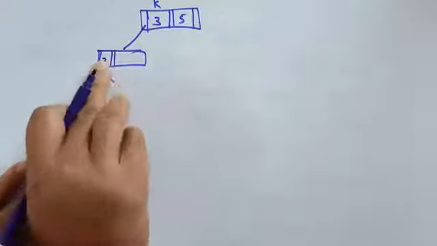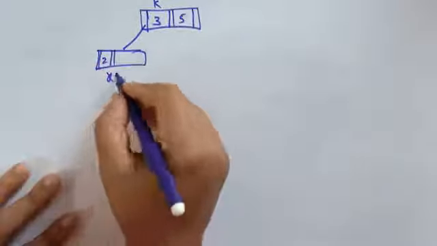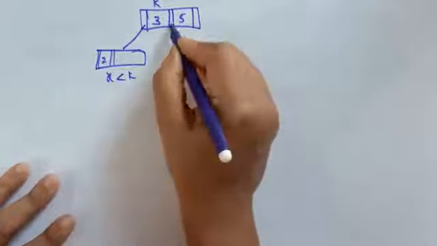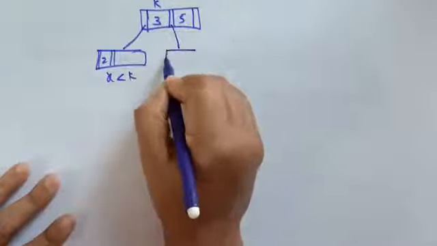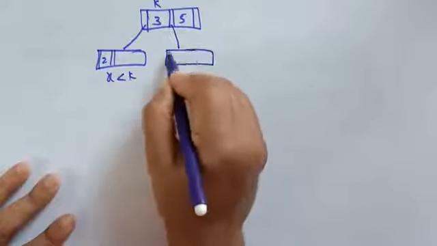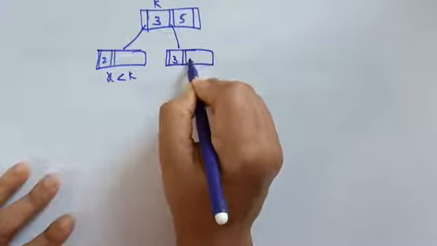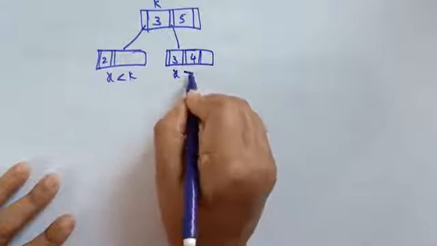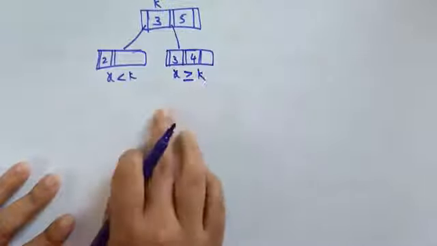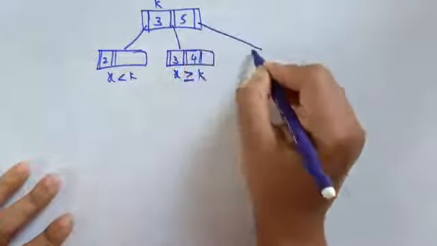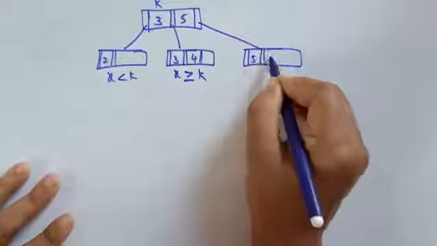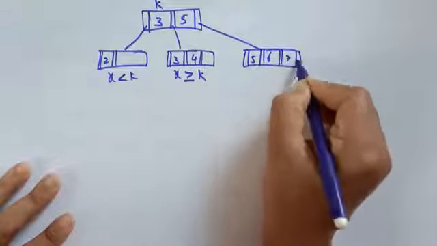This X value is less than the key value. On the right side of the 3, it consists of 3, 4, where X is greater than or equal to K. And here it should be 5, 6, 7, something like that.